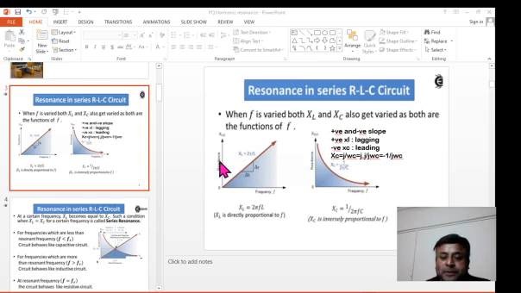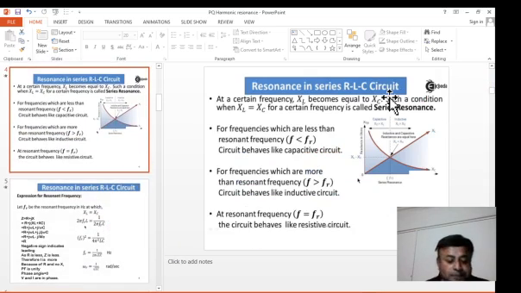They have the same common frequency f, but different coordinates on the y-axis: one is XL and the other is XC. Now if I combine these two curves together, keeping frequency the same, I will get this type of graph, an intersection of the curves of XL and XC, as you can see here.